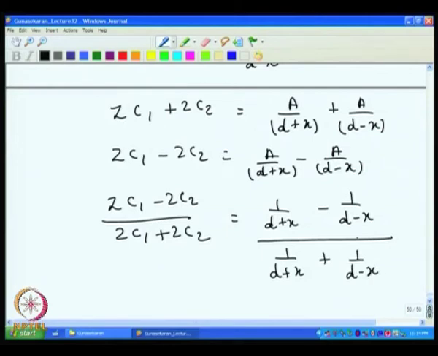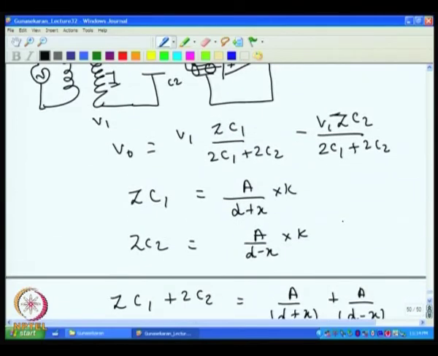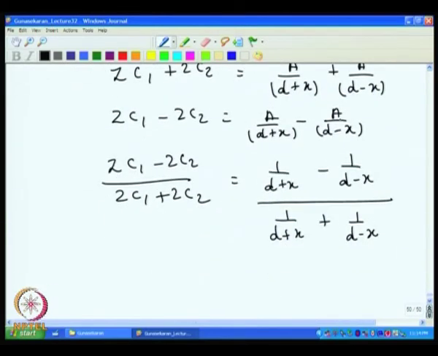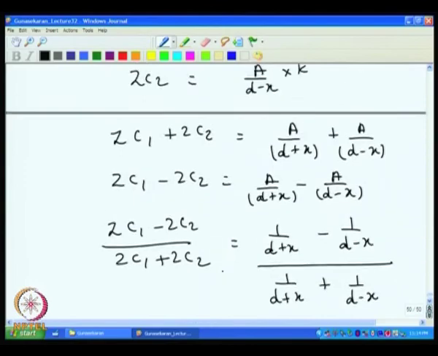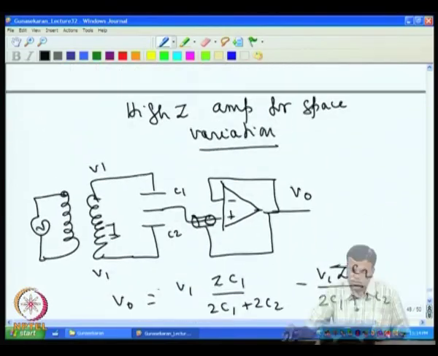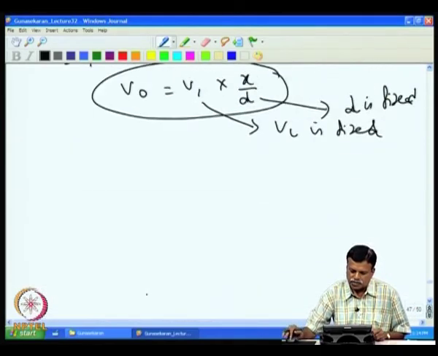That is what it turns out. That is the effect of this. Only then we have to take the V1 factor to get V naught. If we simplify this, you will get similar terms. Actually, in the previous equation we had a into 1 plus x and a into 1 minus x.